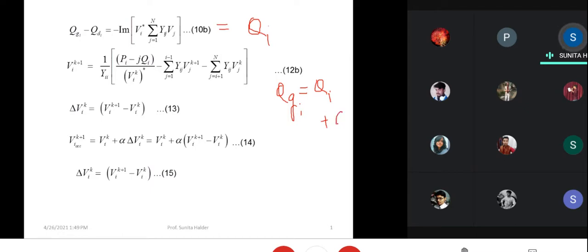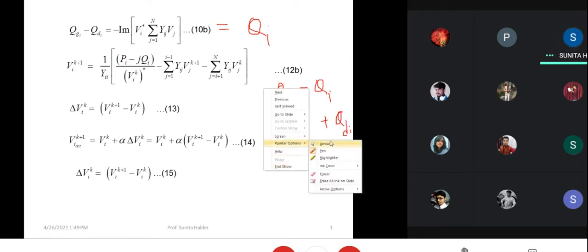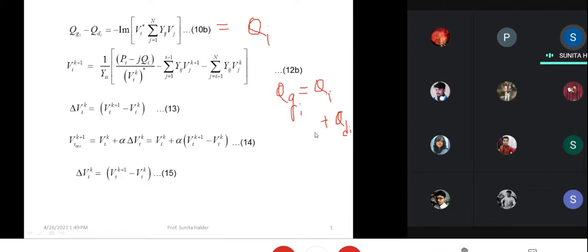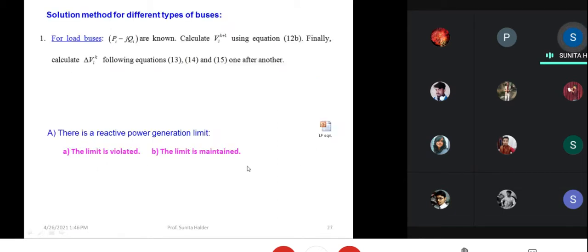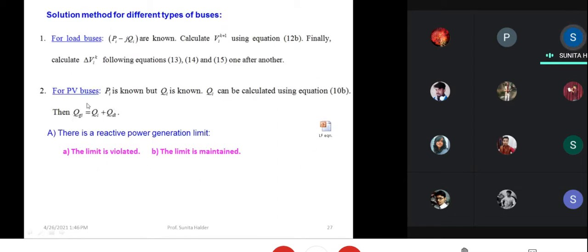Why do we need QGI? Because the generator is generating QGI, not QI or QDI. Whether this QGI is within limit or not is what is required to be calculated, so for that purpose we need QGI.